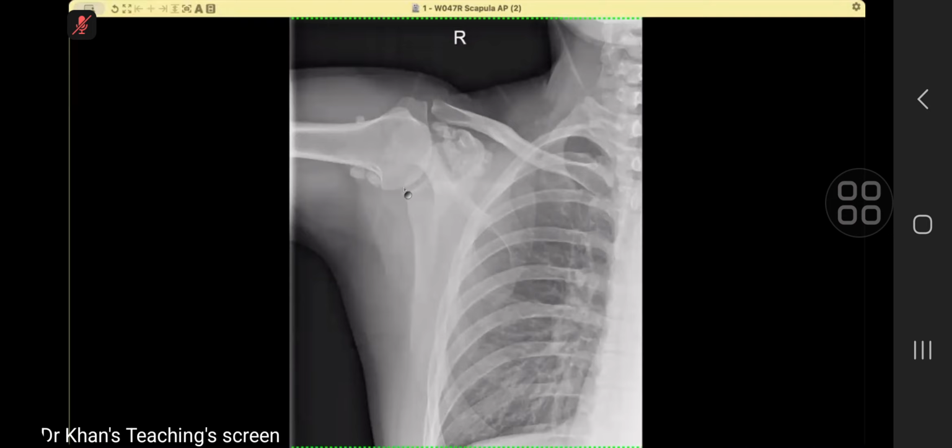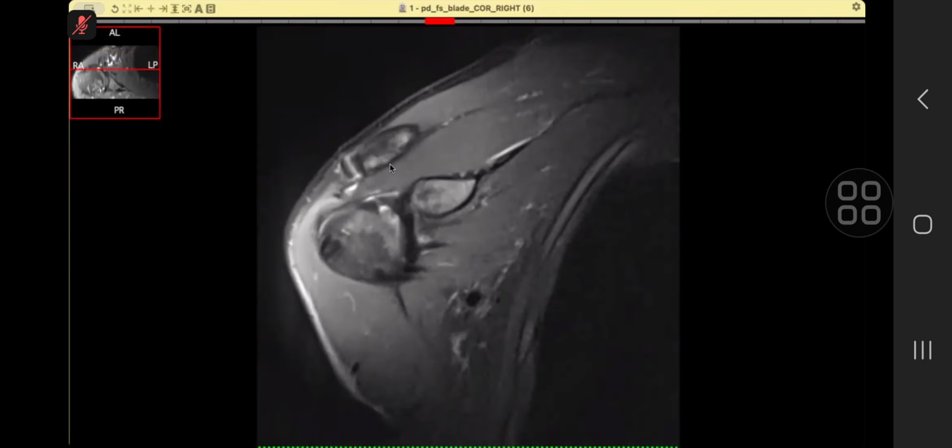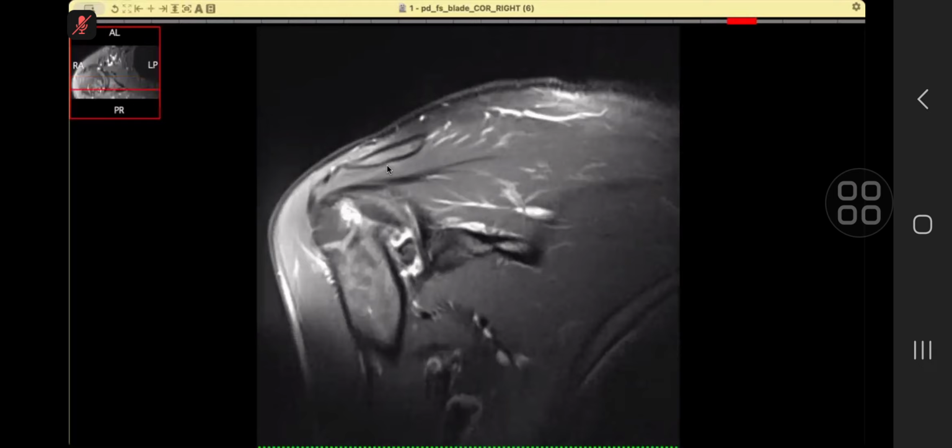Say if there is any secondary osteoarthritis or not. Maybe a bit of lipping is there. Maybe early glenohumeral OA is developing. As far as this was all picked up. This is a PD fat saturated sequence where the findings were well picked up, and ultimately this was my question, where is it?